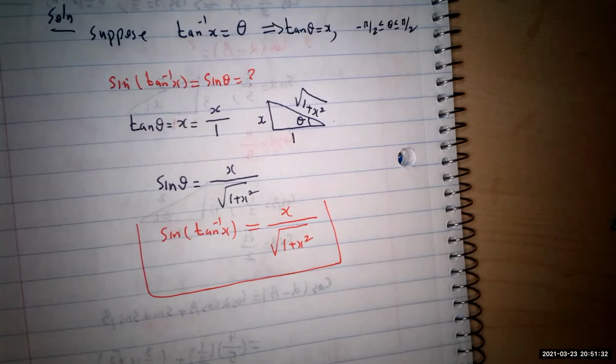Okay, can that be simplified to x radical? No, no, no. You're not going to do anything about it. You don't have to. If you mean to just multiply the top and the bottom by the radical 1 plus x squared, no. You ask whether it can be simplified to x radical 1 minus x squared.